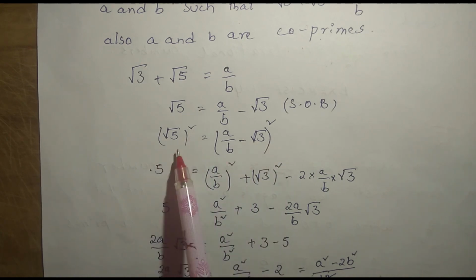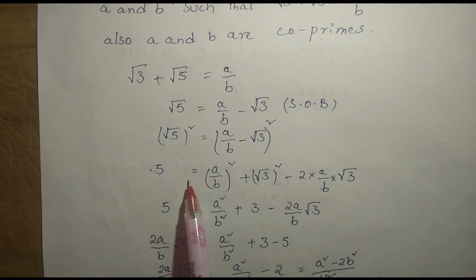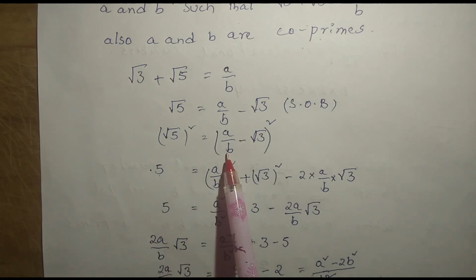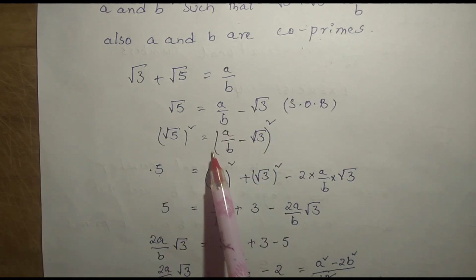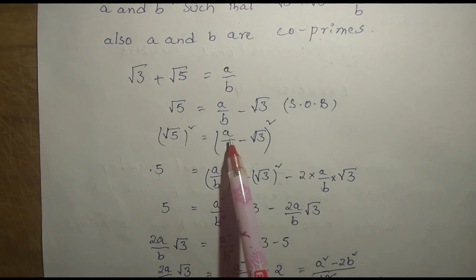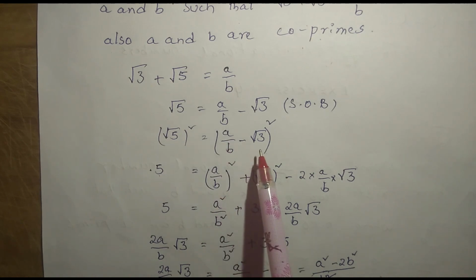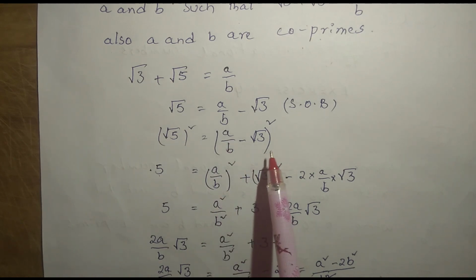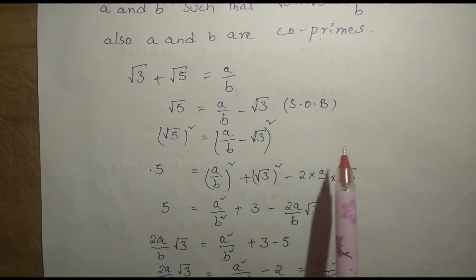Root 5 whole square is nothing but 5. It can be expanded using a minus b whole square, which is a square plus b square minus 2ab.